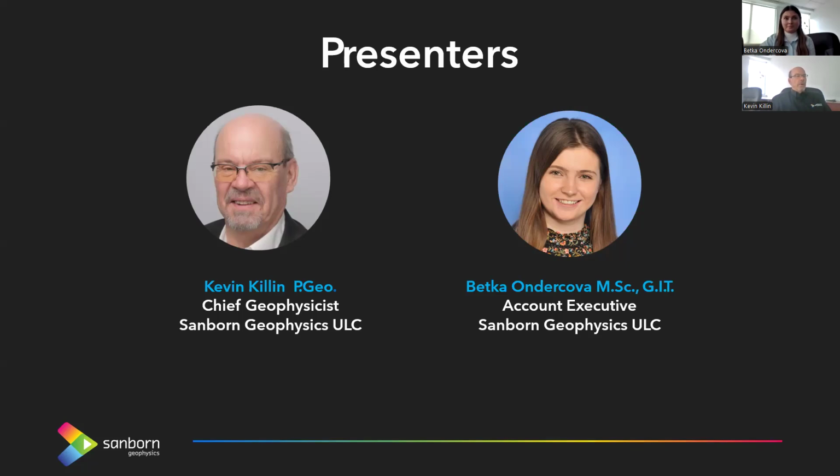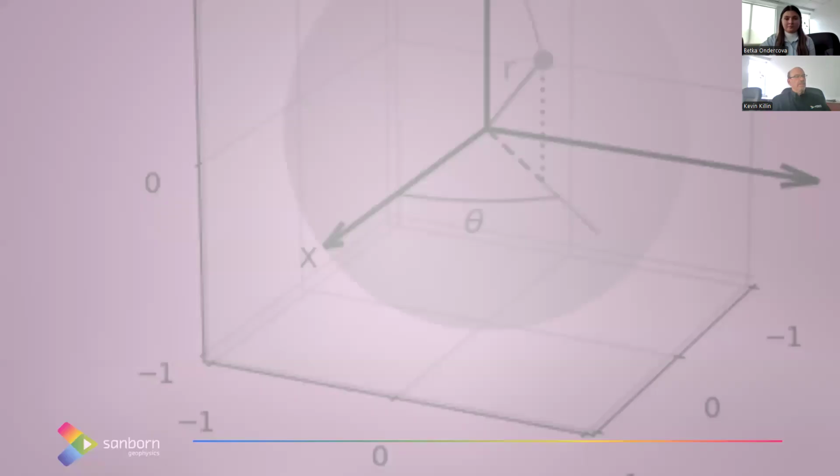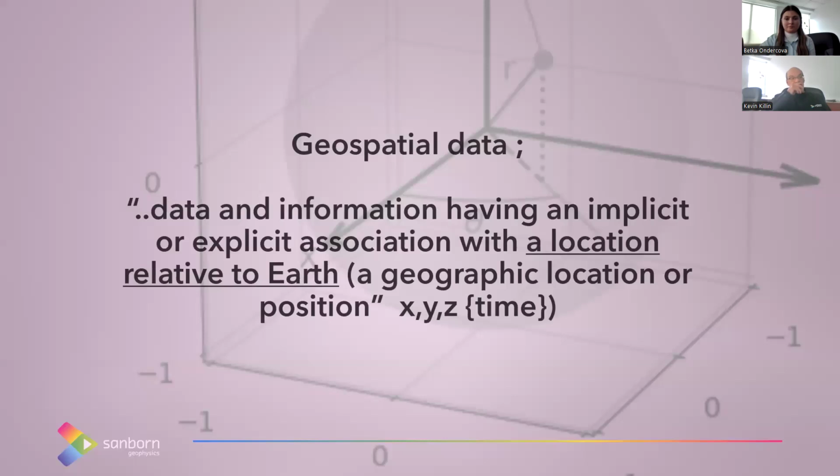So what we want to do today is talk about geospatial analysis of layers, and let's first consider exactly what geospatial data is. All georeferenced data, including geophysics, geochemistry, and even geological samples, are geospatial data as properly defined.